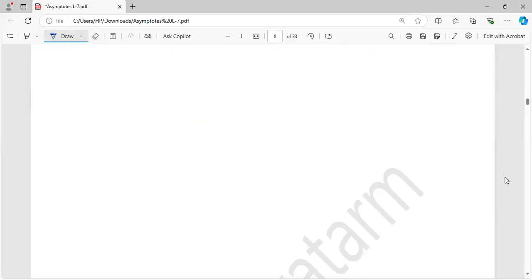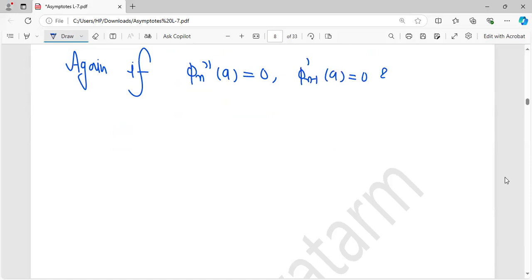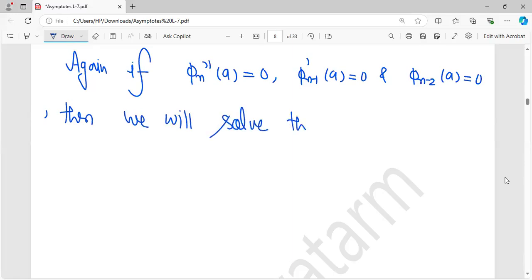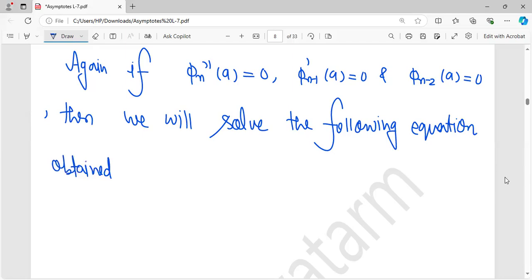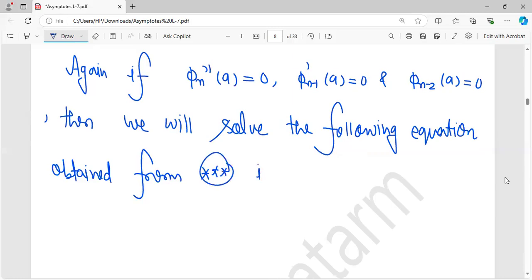so again, if phi n double dash a is 0, phi n minus 1 dash a is 0, and phi n minus 2 a is 0, then we will solve the following equation obtained from triple star in similar manner.